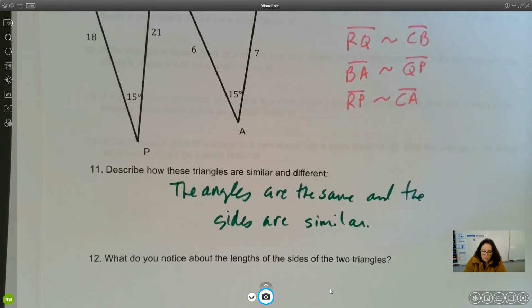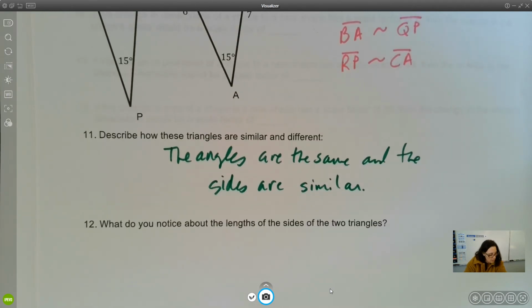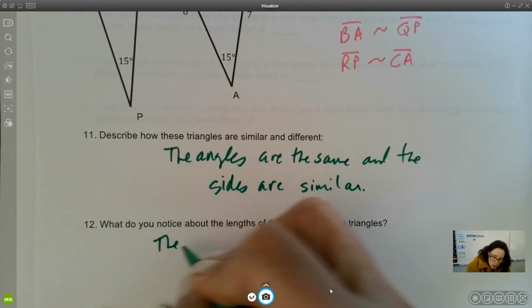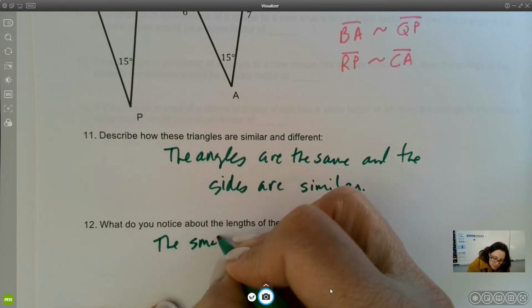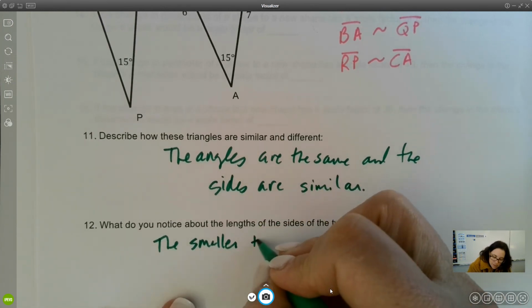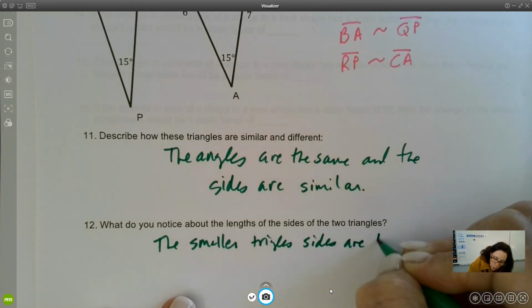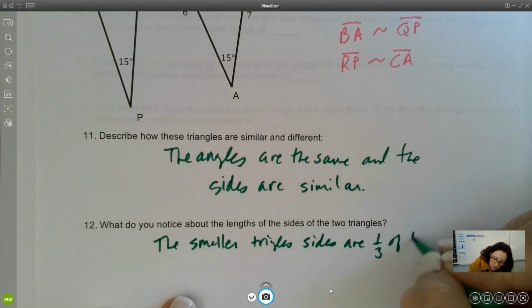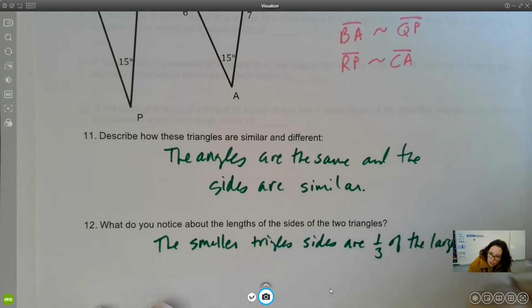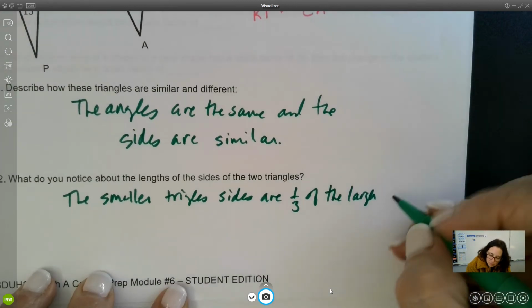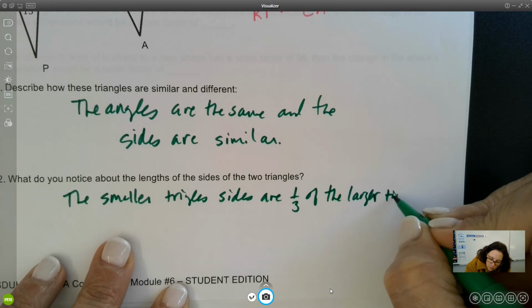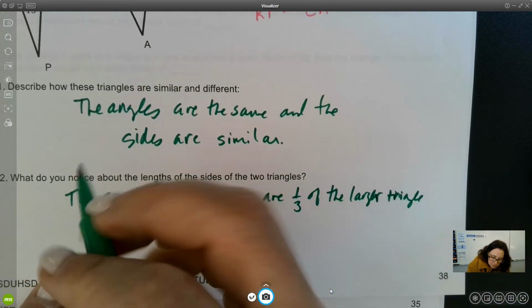What do you notice about the lengths of the sides of the two triangles? You should either notice the smaller triangle's sides are 1/3 of the larger triangle.